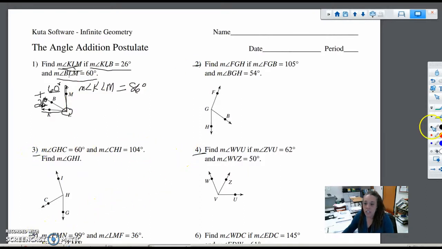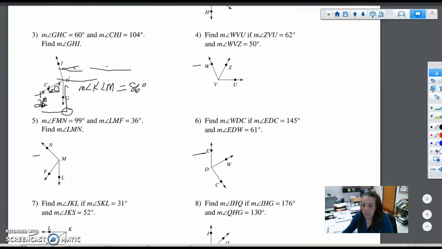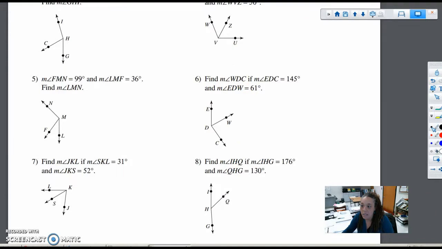And what changes is when we come down here to number 6. So let me scroll down and show you what it looks like in number 6. The difference in how you solve number 6 is this. I'm going to start by labeling.